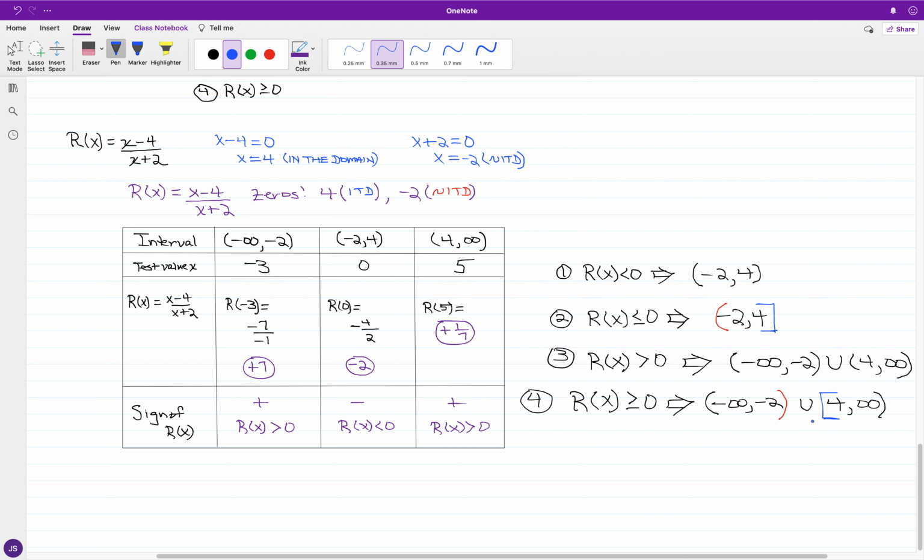So this value is going to be in the bracket. Those will be your respective interval solutions. For there to be a bracket, you must have an equal sign, and the zeros involved must be in the domain, 4 being such a number.